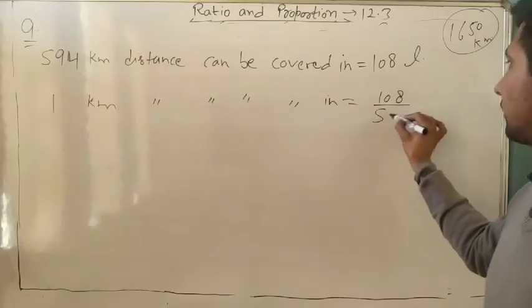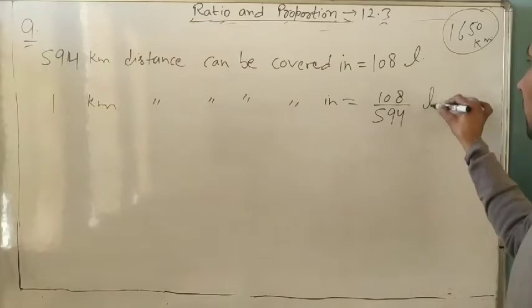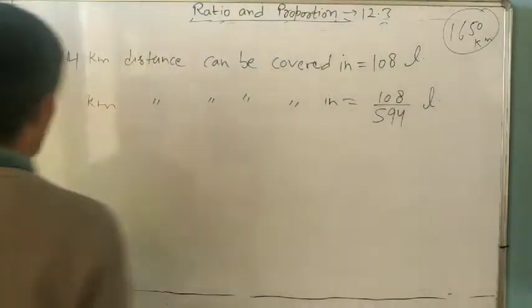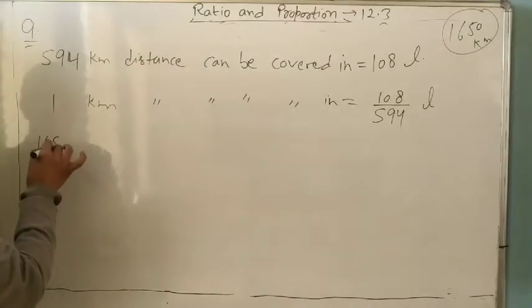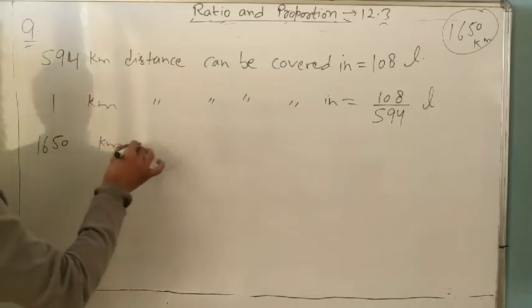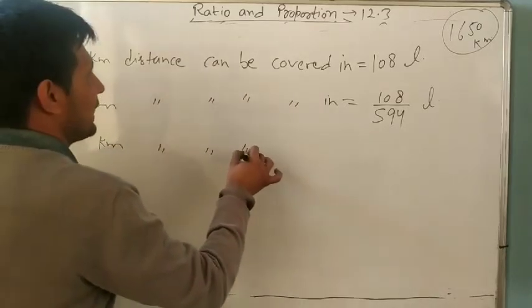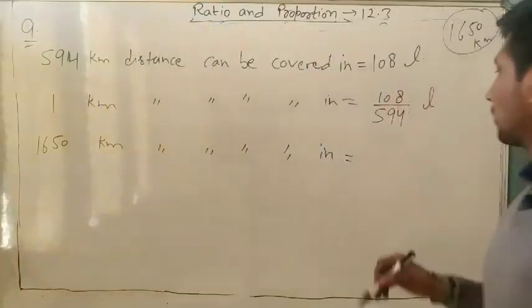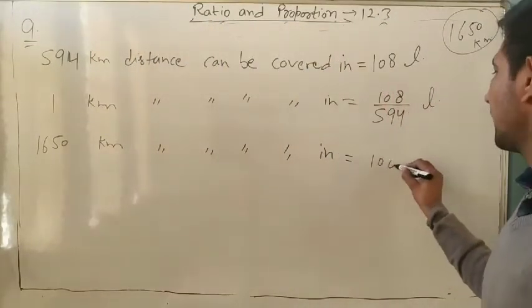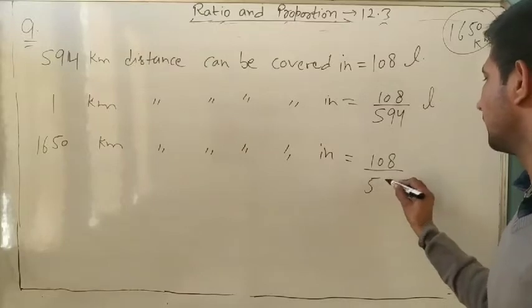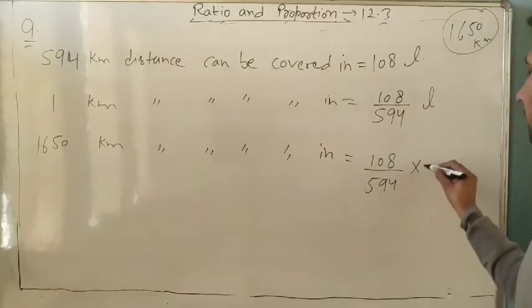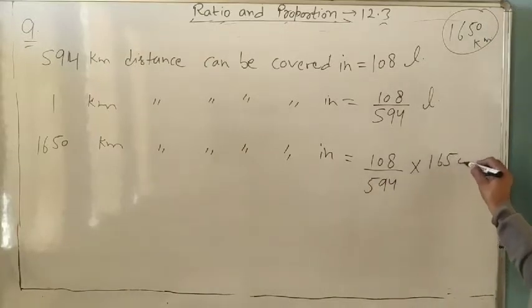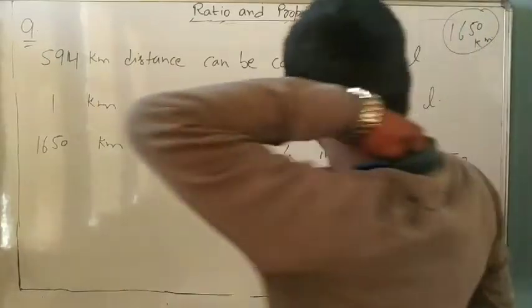So 108 liters for 594 kilometers, and for 1650 kilometers we will write 108 divided by 594, multiply 1650. Now we will cut.